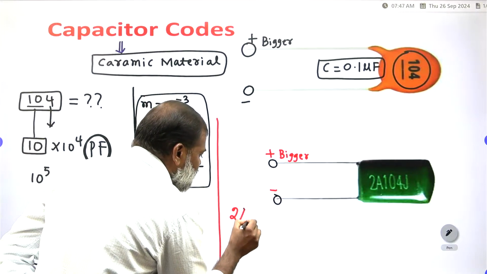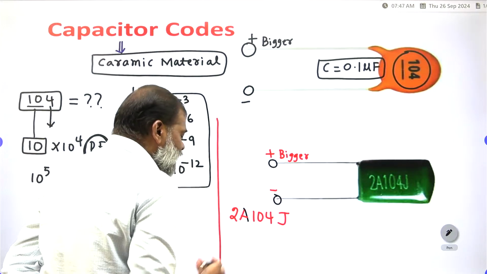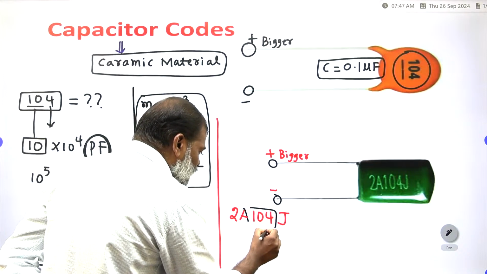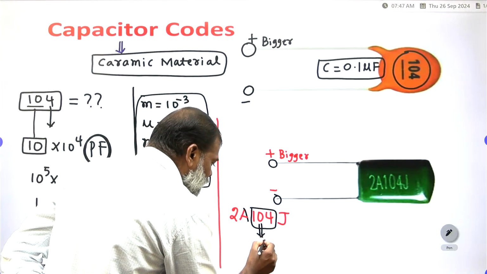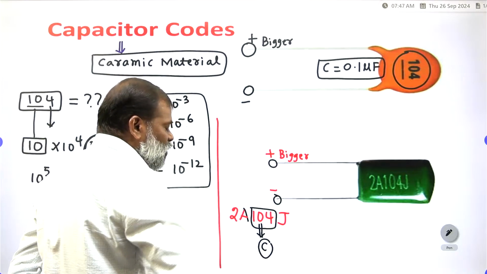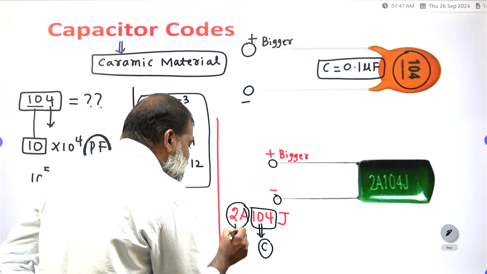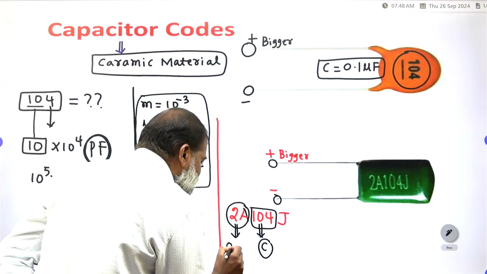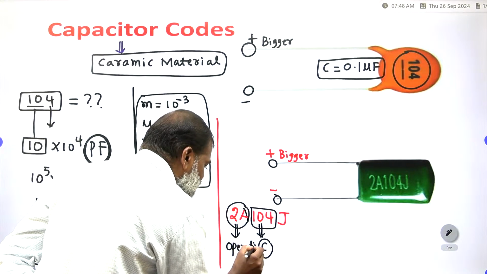2A is there, and this is the number. 104J is there. Here 104 can easily be found. This will give the capacity of that particular condenser. 2A is the operating voltage of this capacitor.